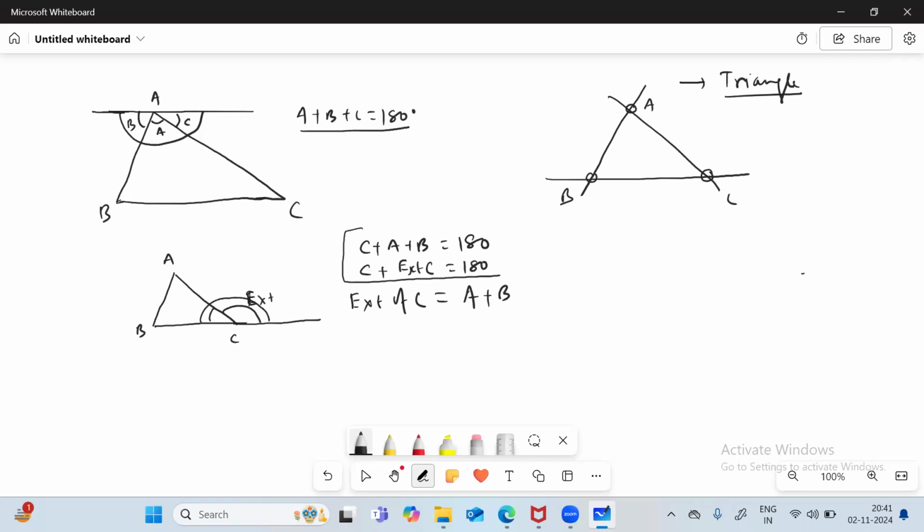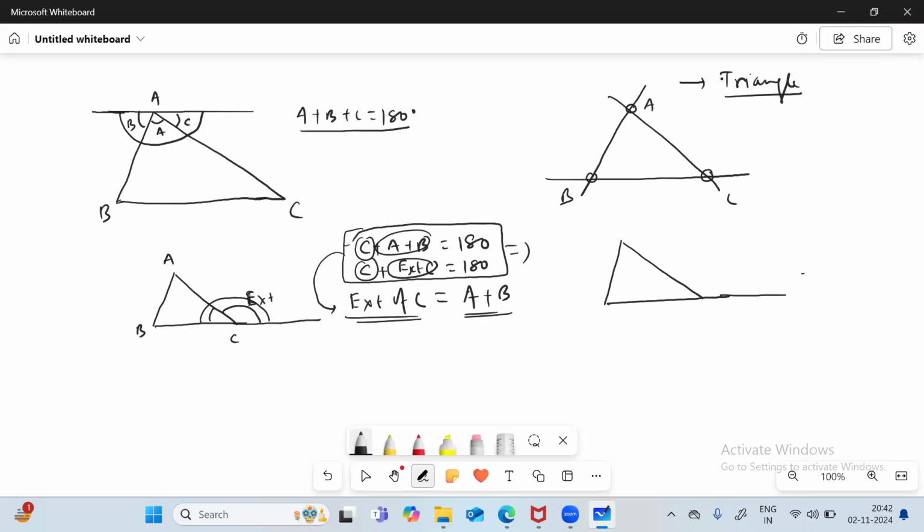Okay. So with these two results, I can get this result that external of C is equal to A plus B, because in both of the equations C is common. So these two must be equal. And you can see it in this graph also. Sometimes you might get a very easy question, that if this angle is 40 and this is 130, then what will be this angle?